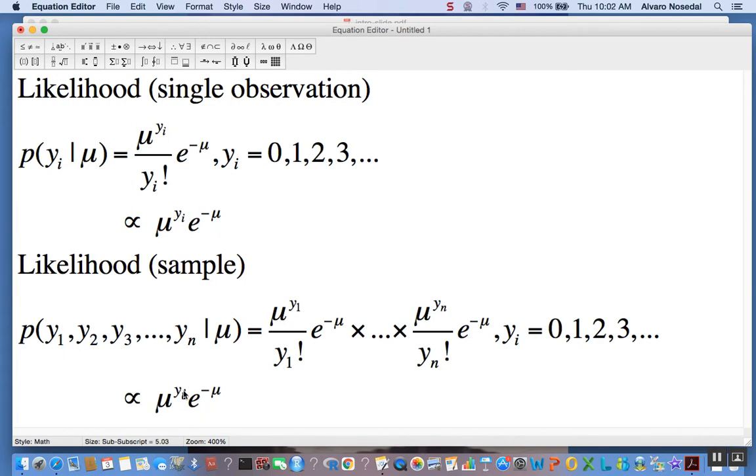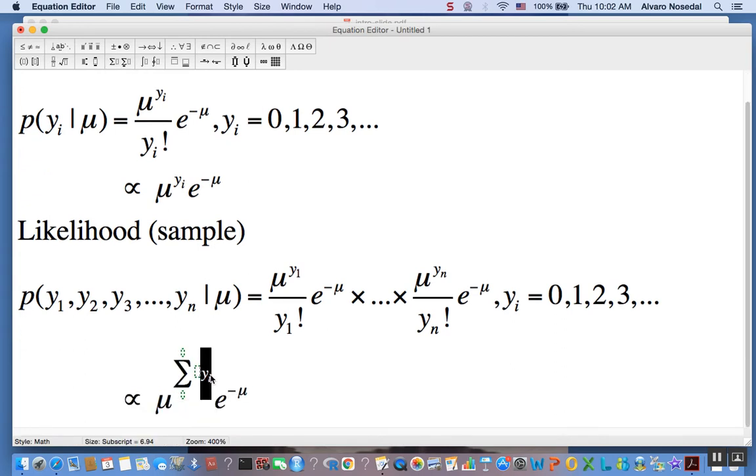Once we do the algebra, what we have here is the sum of the yi's, with i going from 1 to n, and then we have n times mu. We combine all these exponentials like this, n times mu, and that's it. So that would be the expression for the likelihood for a sample of size n.